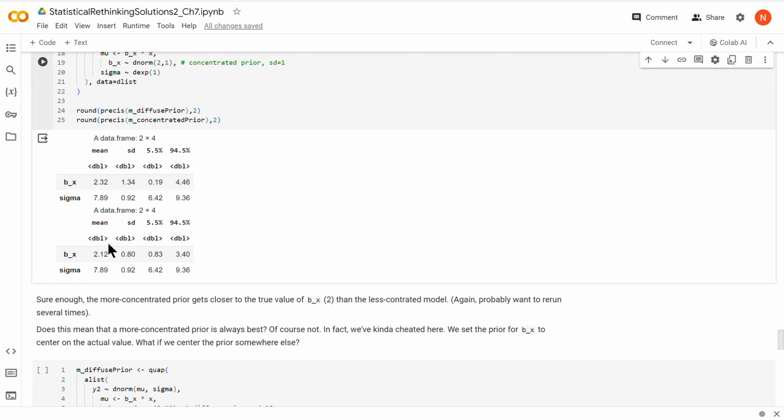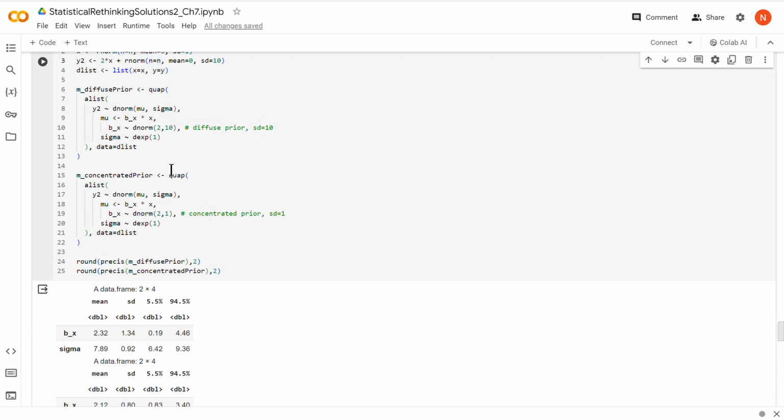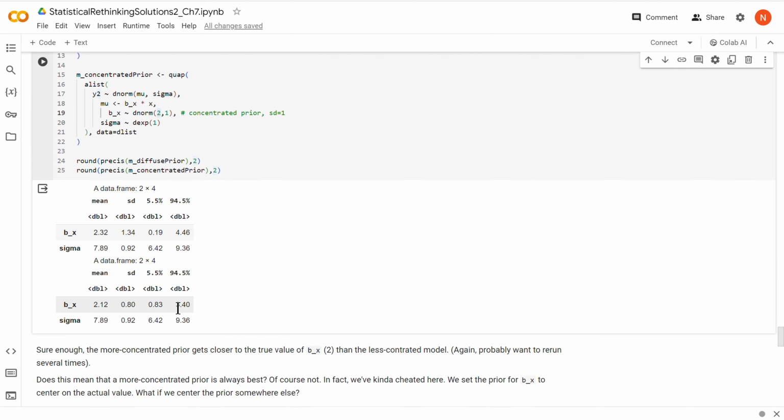And again, this is because the concentrated prior didn't allow us to seriously consider values much further away from 2, right? That's what we set it at. Also notice that the credibility intervals are narrower for the concentrated prior than for the diffuse prior. And again, this is because the concentrated prior is seriously considering fewer possible values.